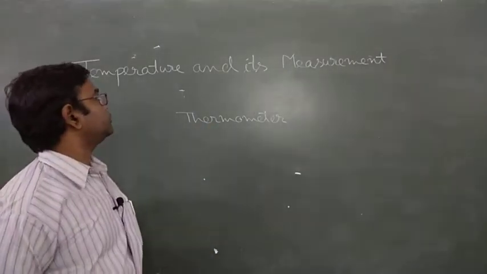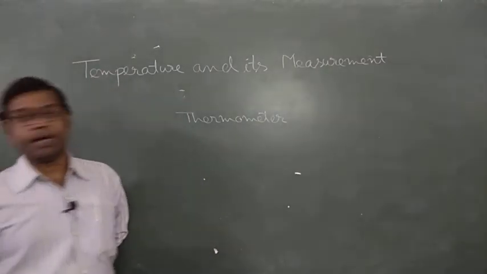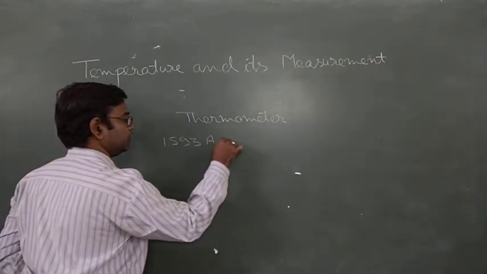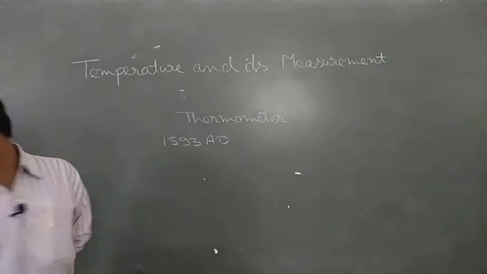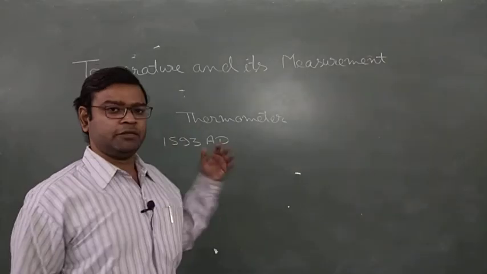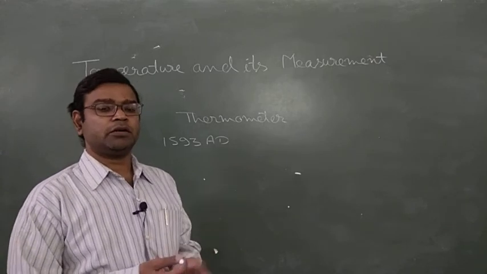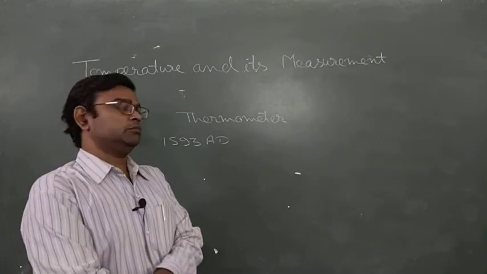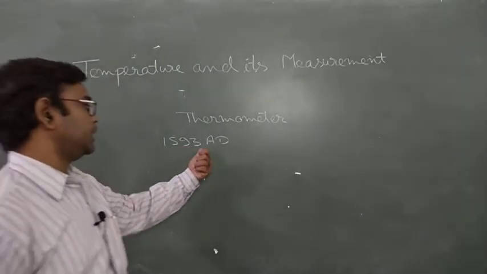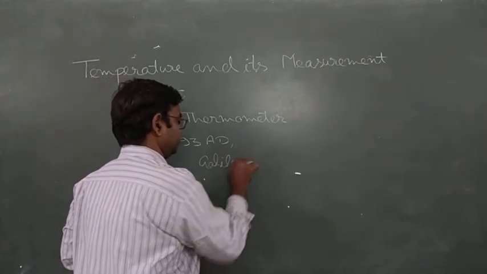It is a device which is used for measurement of temperature, and this device was invented by Galileo in 1593 AD. That is a different part of the story that you must read from another source. But here, the thermometer was invented in 1593 AD by the renowned scientist and inventor Galileo. Clear?